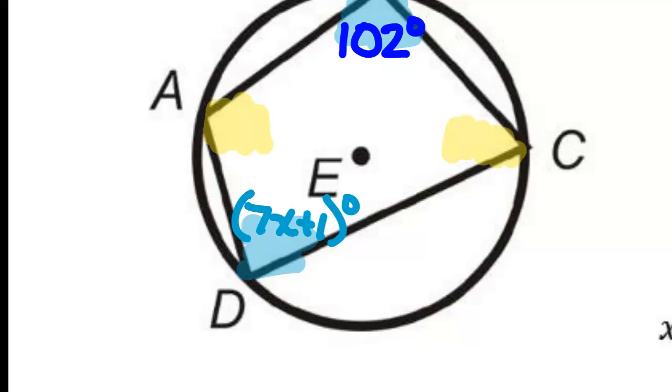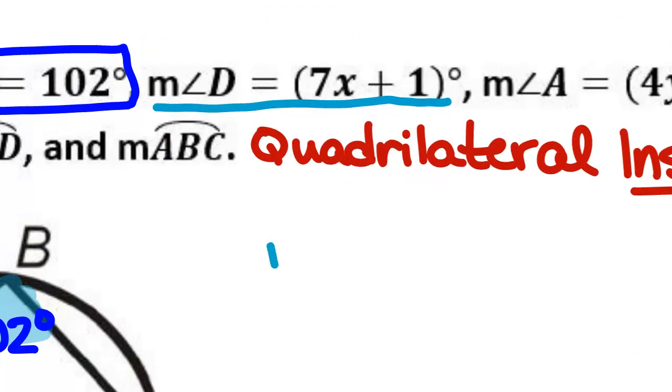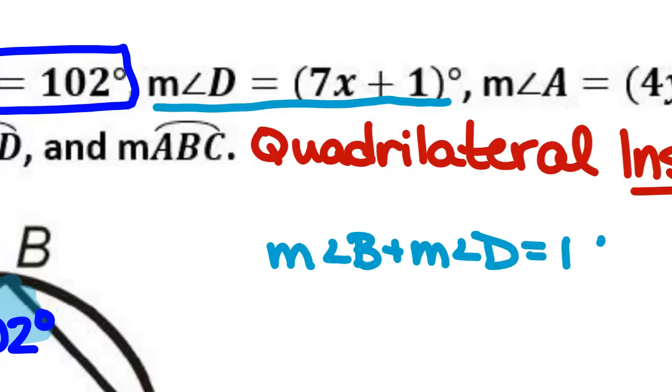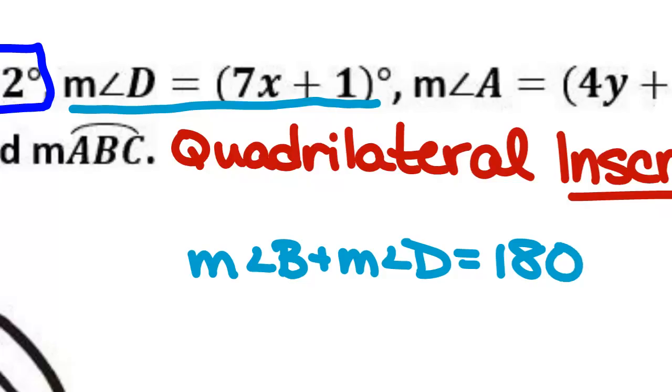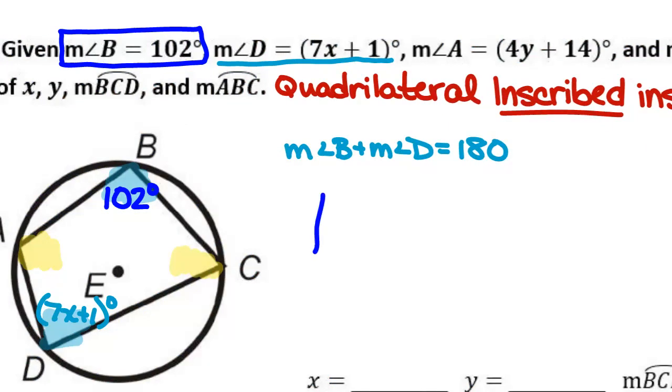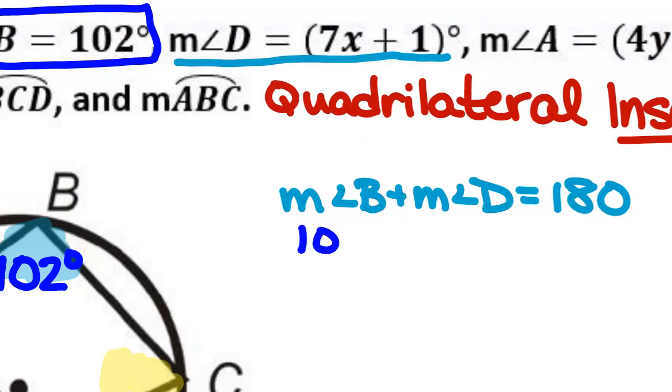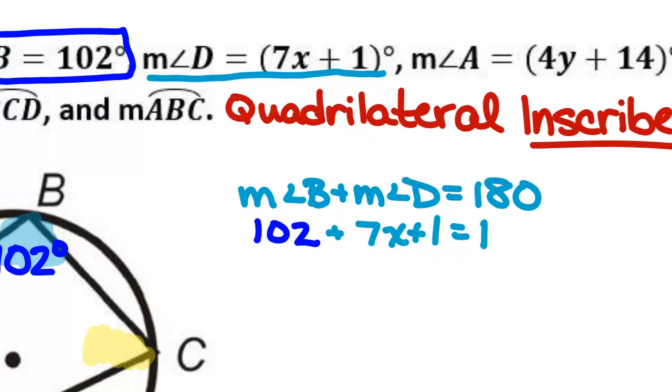Those two angles are supplementary. Measurement of angle B plus the measurement of angle D equals 180. Measurement of angle B is 102 plus the measurement of angle D, which is 7x plus 1, equals 180.